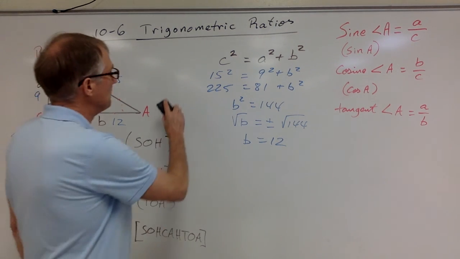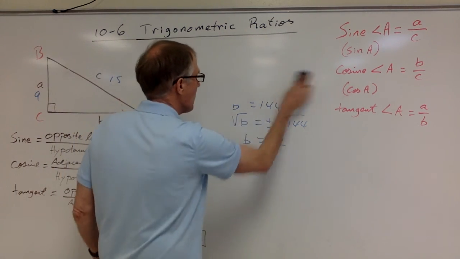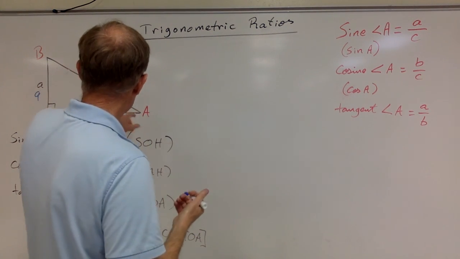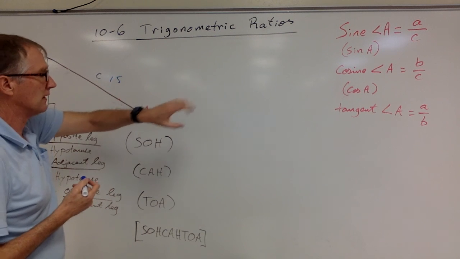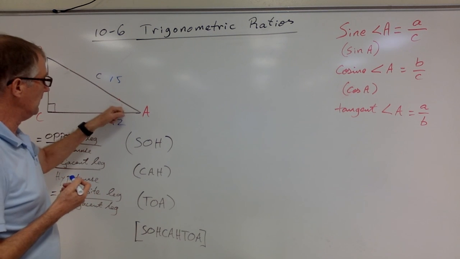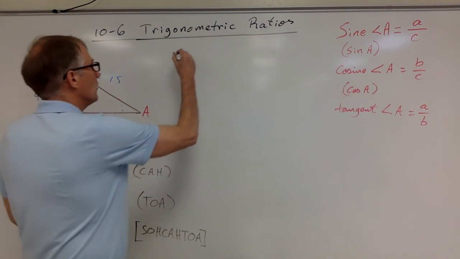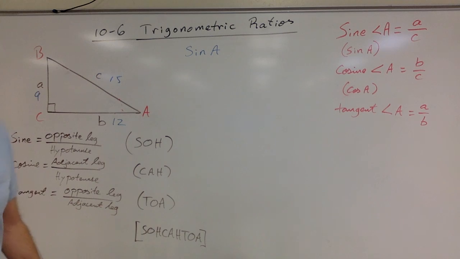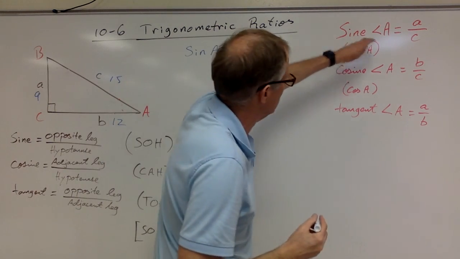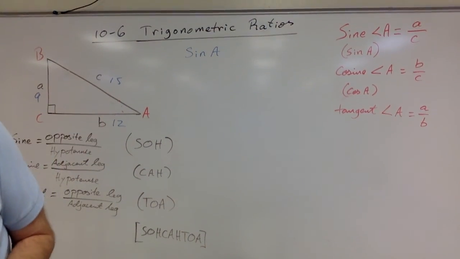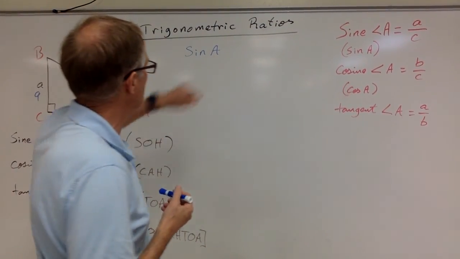Now, let's go ahead and find the sine, cosine, and tangent of angle A. Okay, so the sine of A, that's the shortcut way of writing it. We typically abbreviate it that way.